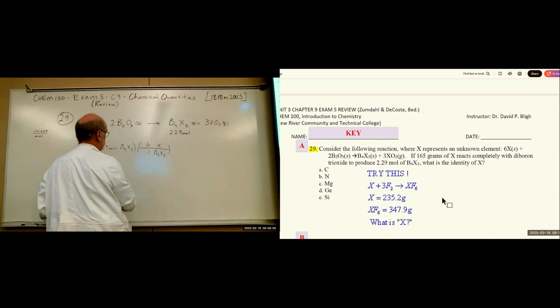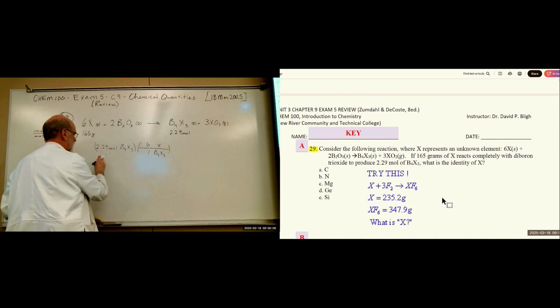This is 6 and that's 1. So 6 times that value should be the number of moles of X, which is 13.74 moles of X. Okay, so we have mass per mole.